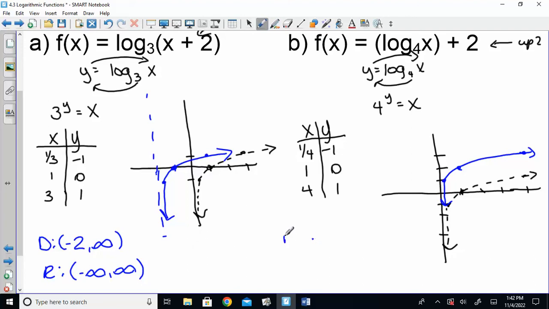Domain? 0 to infinity, range. Are there any questions over these?